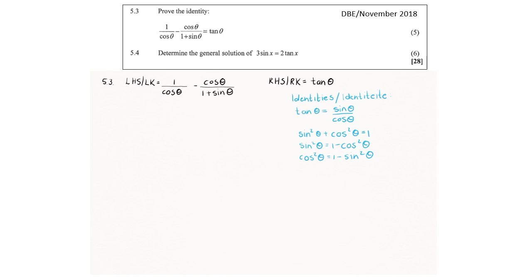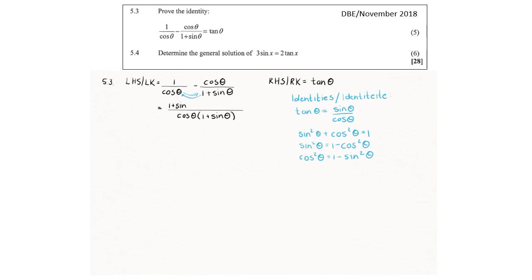So let's begin to simplify the left-hand side, and the first thing that we can do is to write both of these fractions as one single fraction. And the common denominator for this fraction is cos theta multiplied by 1 plus sine theta. And if we look at the first fraction, the denominator has to be multiplied by 1 plus sine theta, so we multiply the numerator 1 also by 1 plus sine theta.